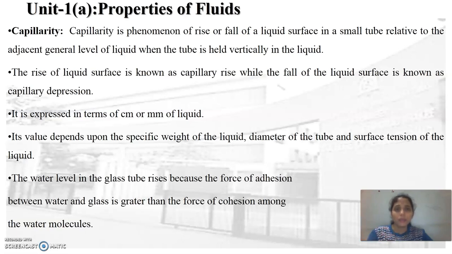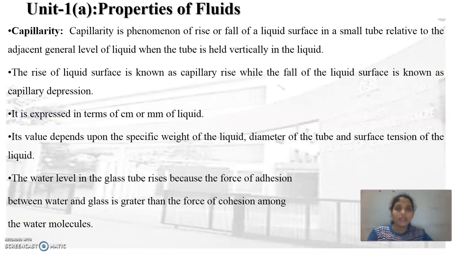Second parameter is the diameter of the tube. If the diameter of the tube is very large, you cannot observe the capillarity phenomenon. So instead, we have to consider a tube whose diameter is less than 6 mm, so that we can observe the capillarity phenomenon in that tube.